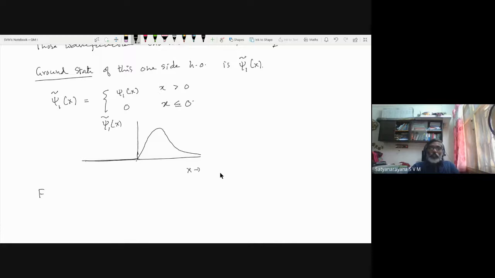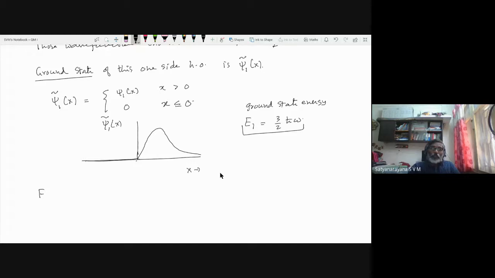So what is the ground state energy? The ground state energy is E1, that is equal to 3 by 2 h cross omega. So this is the ground state energy of this oscillator.